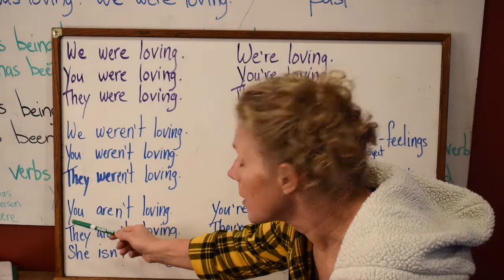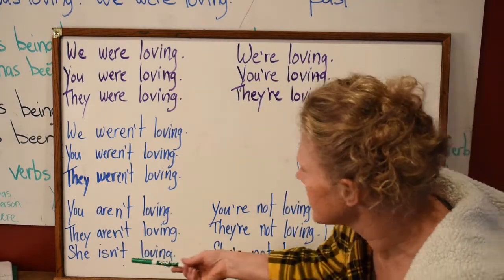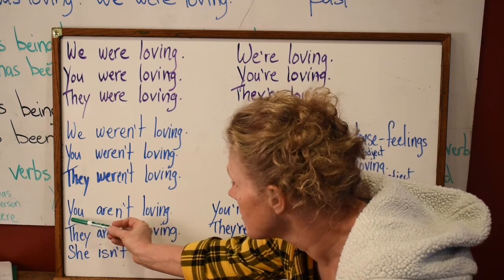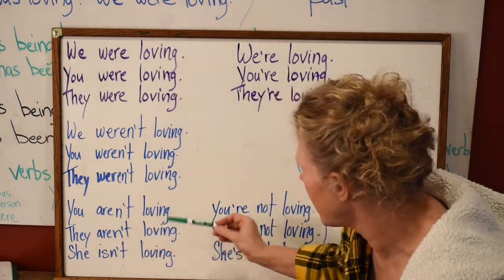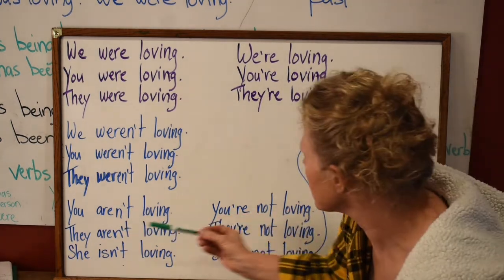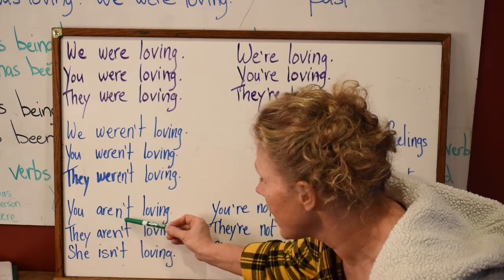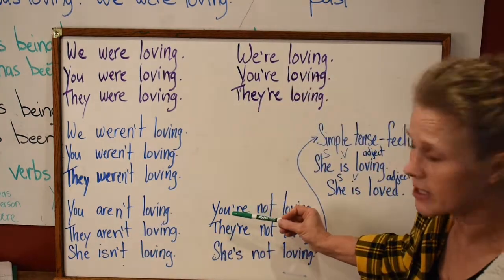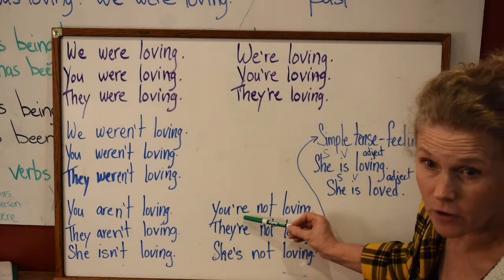So right here, now, I think this is really fun and interesting. Look at this, you guys. You have to choose: "you aren't loving" or "you're not loving." So you either contract it with your verb and your adverb, or you contract it with your subject and your auxiliary verb.